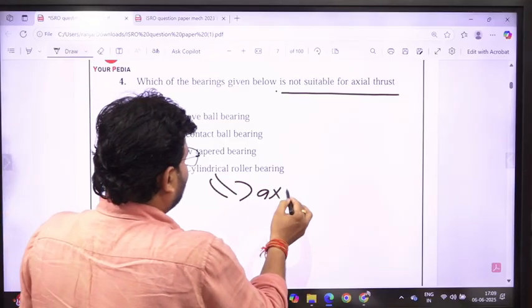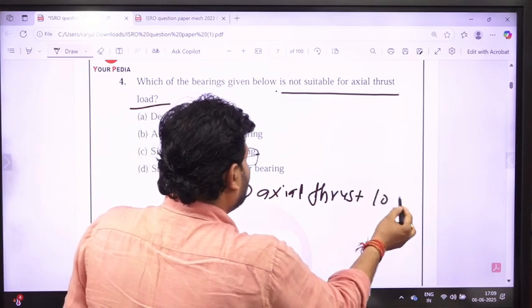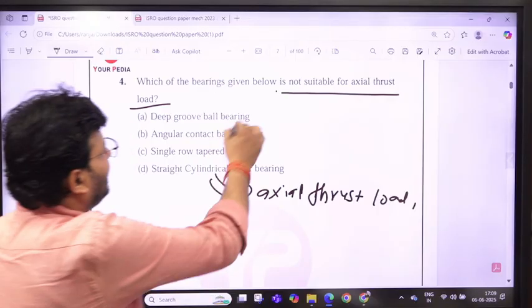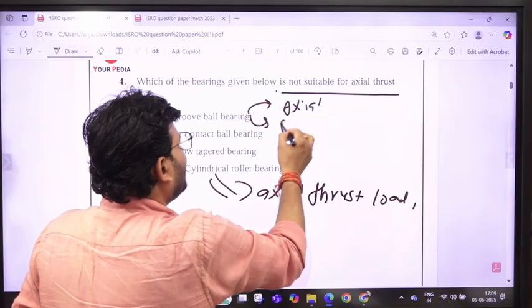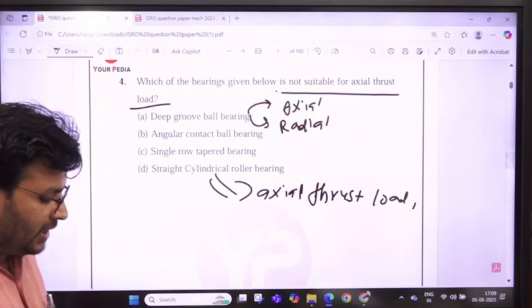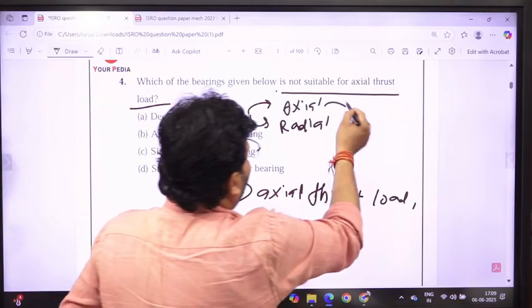Axial thrust loads. Axial thrust load. What about a deep groove ball bearing? My dear friends, they can take both axial as well as radial load. But if you talk about a deep groove ball bearing, the axial capacity is limited. This capacity is what? Limited.